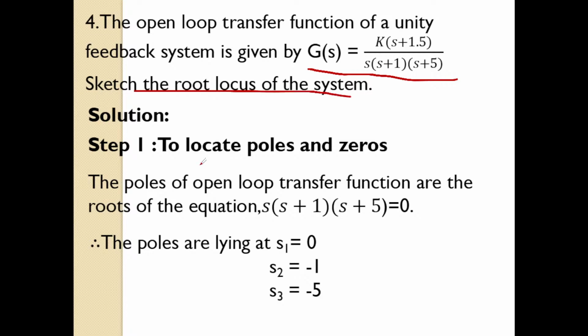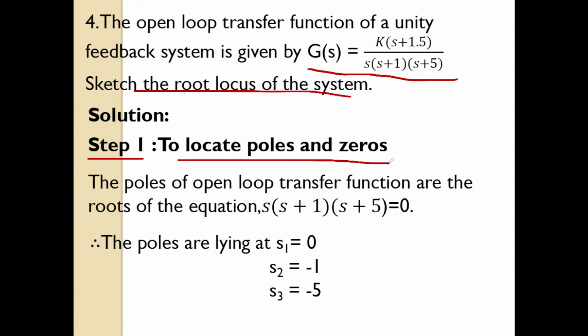So, step 1 is to locate the poles and zeros. The poles of the open loop transfer function can be obtained from the denominator, that is s into (s plus 1) into (s plus 5).